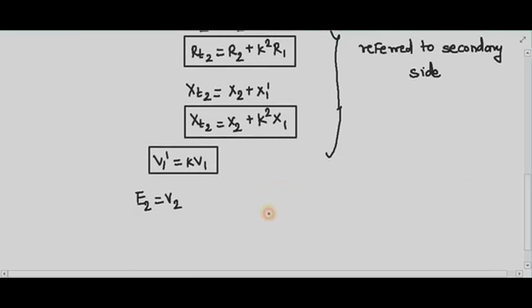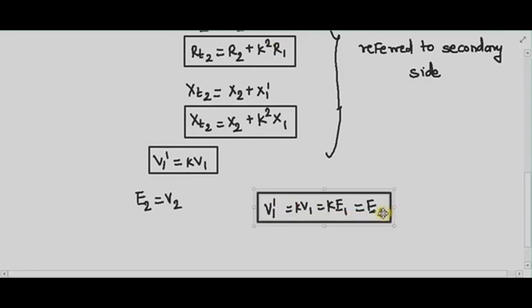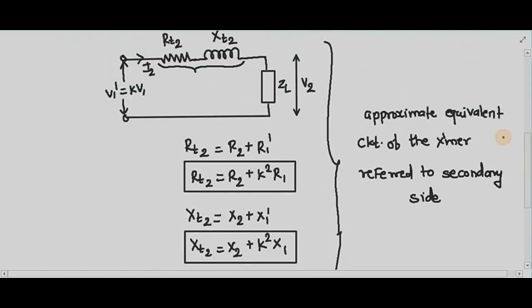It is nothing but V1 dash equals KV1 equals KE1, because my V1 is approximately equal to E1, and that equals E2. So this is the voltage available across the load or across the secondary terminal when my I2 is 0, if I have not connected any load here.